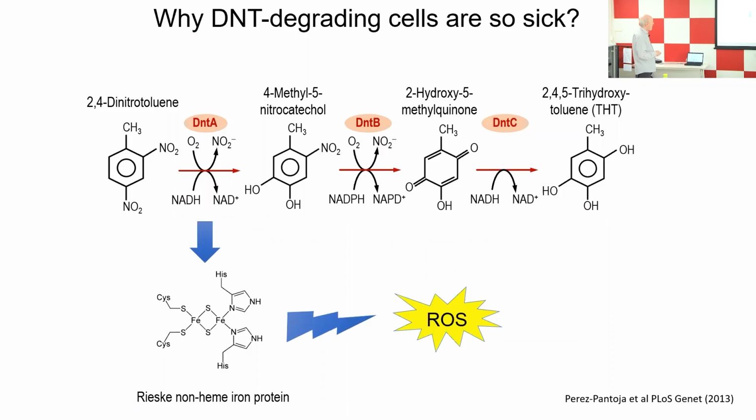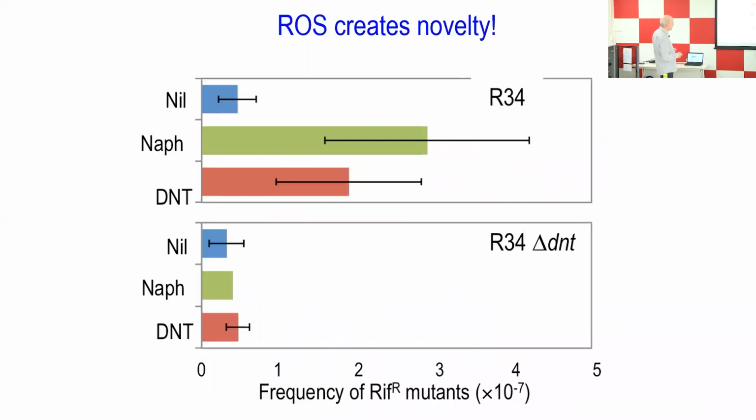So why are cells so damaged by this? The reason for that, and there's a chemical reason for that, is that the first step in the degradation involves a chemical reaction that, as a result of the reaction, generates reactive oxygen species, okay? And reactive oxygen species are toxic, but at the same time they are mutagenic, okay?